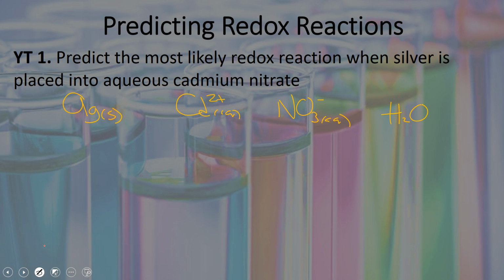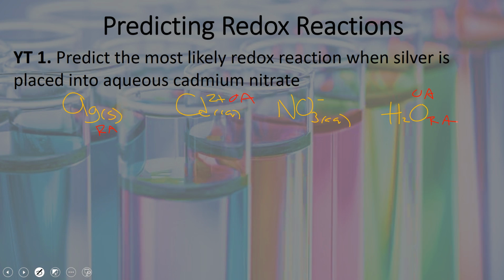Silver is only an RA, cadmium is only an OA, and nitrate can only react if it reacts with something else. By itself, or with something else, it's a spectator, can't act as an OA or an RA. The last one is water, OA and RA. Then you consult your chart to see which is a higher OA and a lower RA.